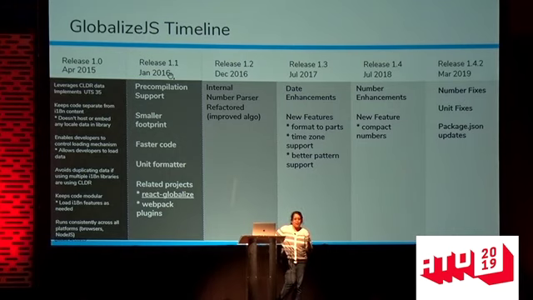Just call a library, use an API, and be able to get the formats that you need for any locale around the block. Similarly, number enhancements, number fixes, units, a lot of enhancements as we go along. And there are a lot more issues, as I highlighted earlier. So it's a very live project, and people are constantly using the library in many different ways.